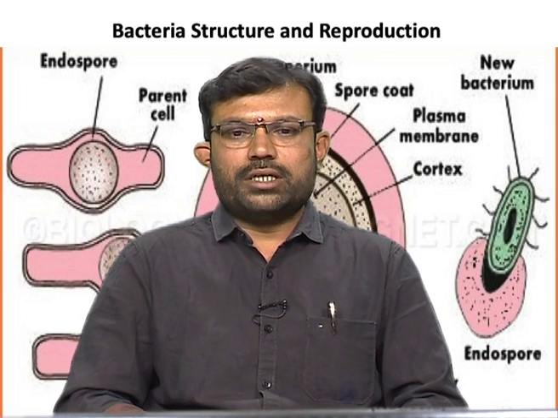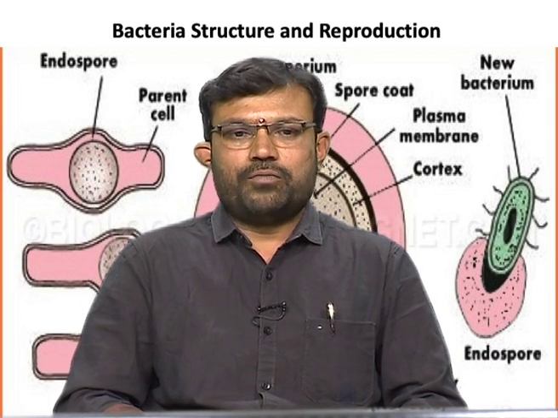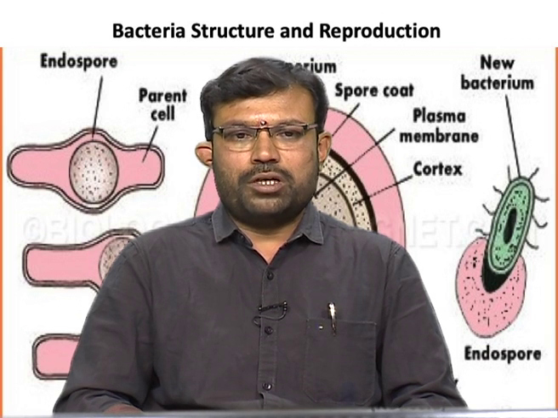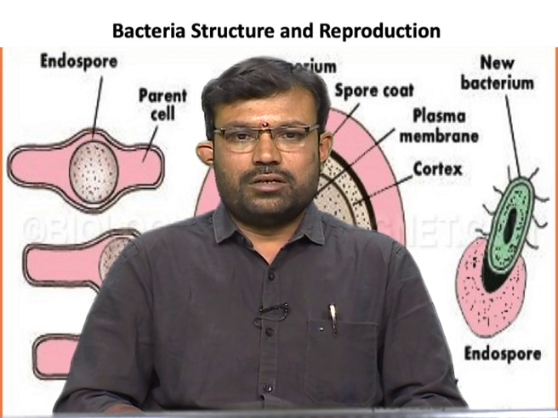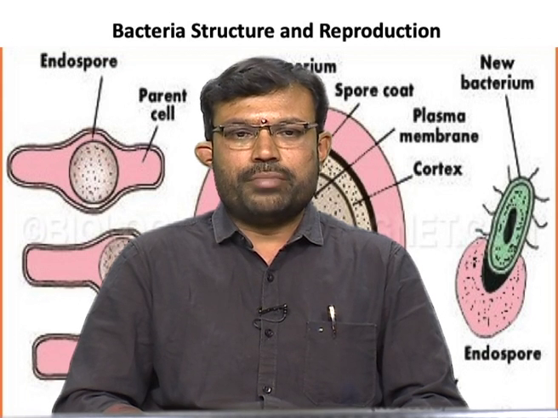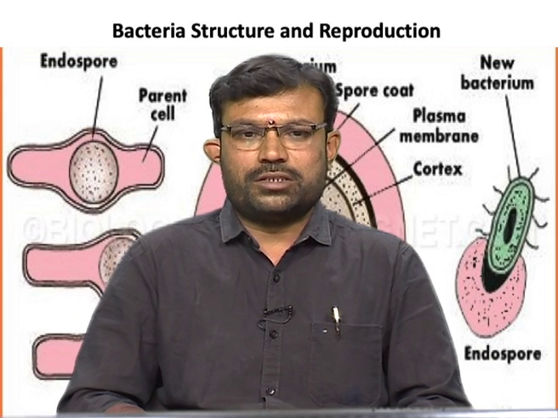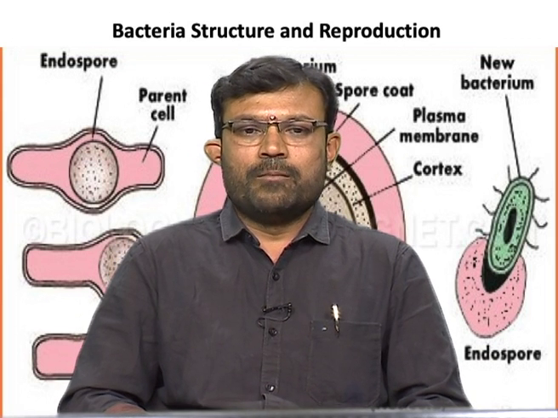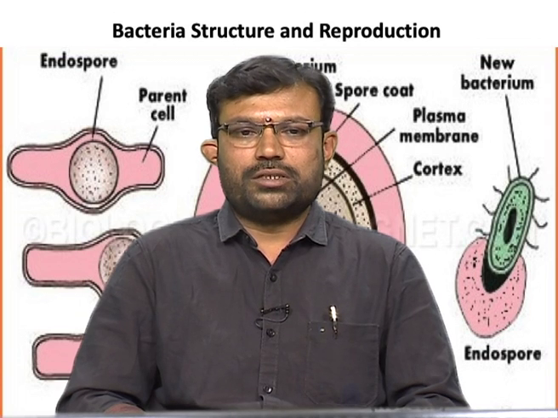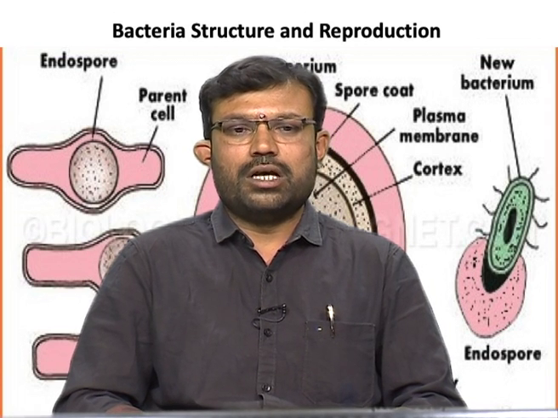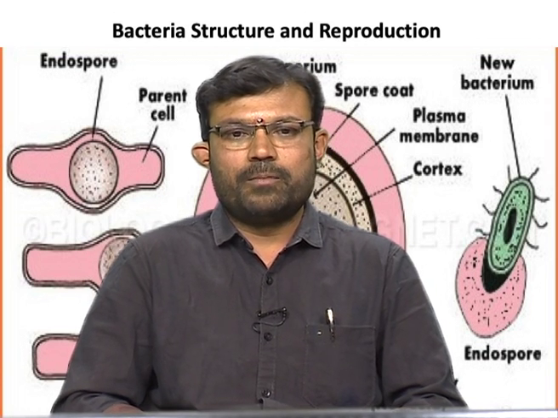First, we have to discuss flagella. Mostly flagella are present in bacillus type bacteria. Bacillus bacteria consist of one to many flagella present on the outer surface of the cell wall.